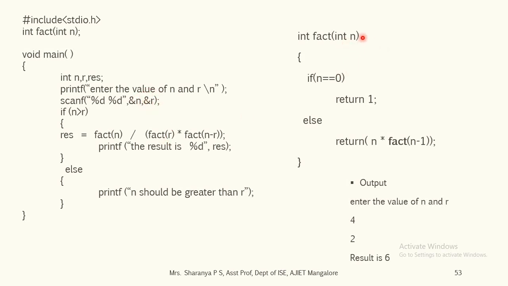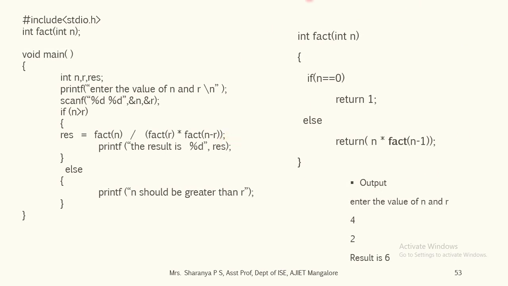The same function is called now with the r value, and then into factorial of n minus r. This n minus r is nothing but the difference of the n and r values the user gave, and with that the same function is called once again. With this statement we are calling the same factorial function with a different n value, or different r value and n minus r values.